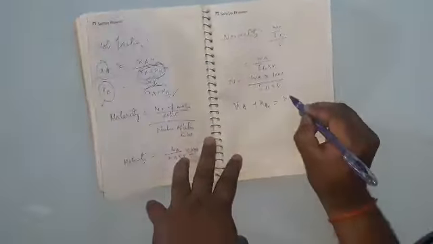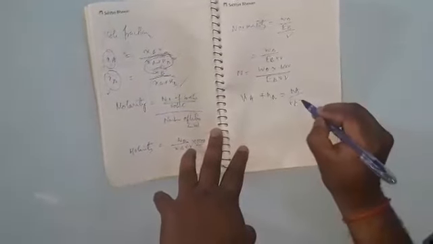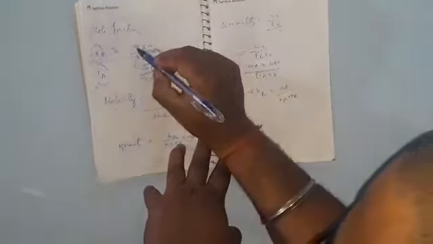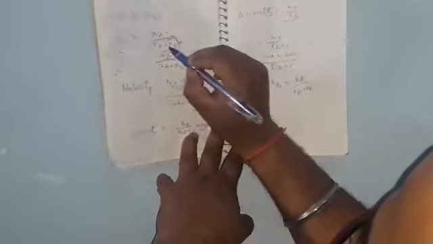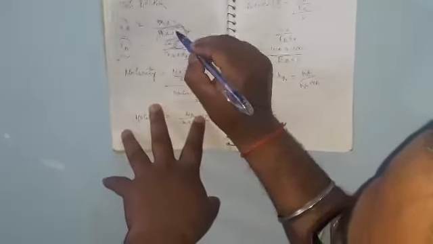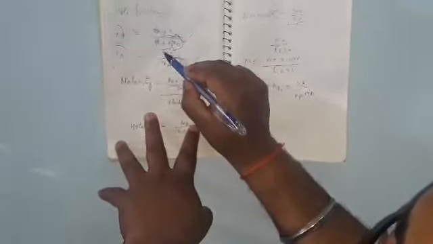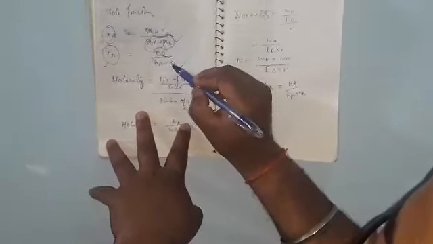So for XA and XB, we take NA by NA plus NB. Sorry, you write down NA over NA plus NB, and here you write NB over NA plus NB.